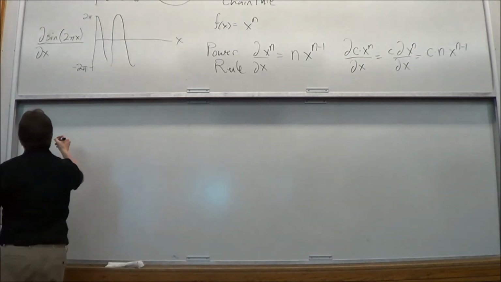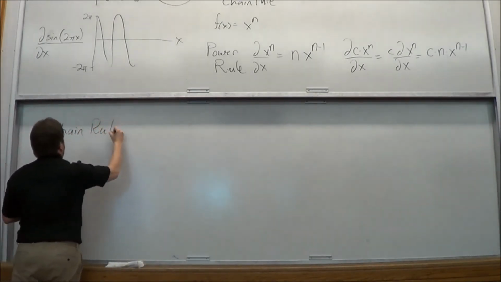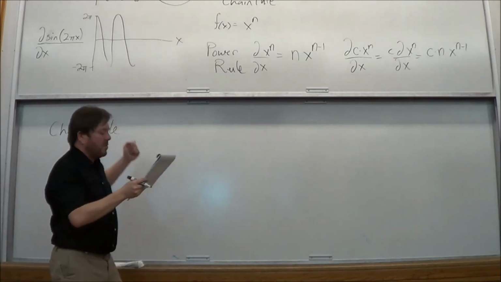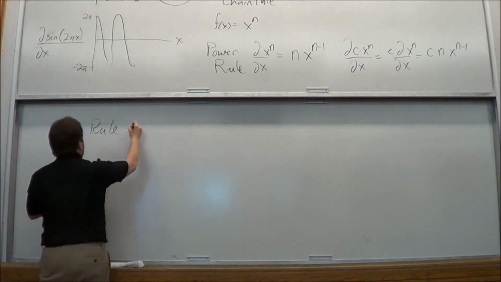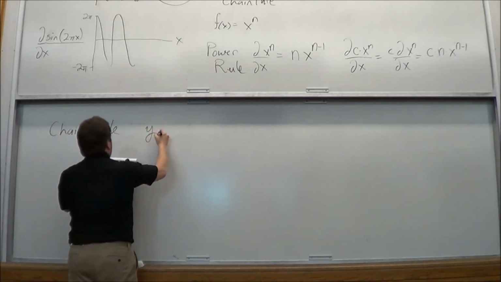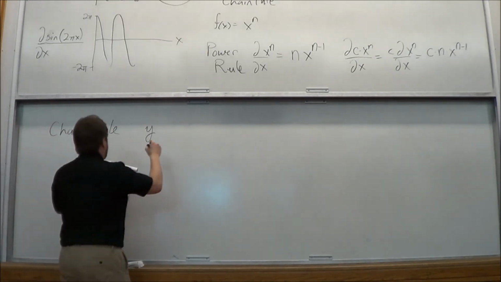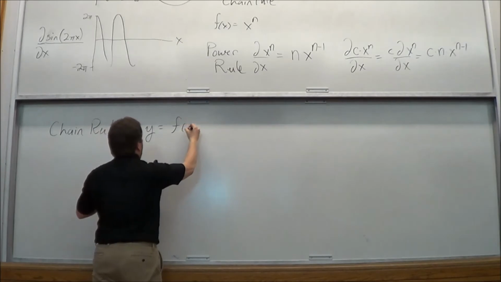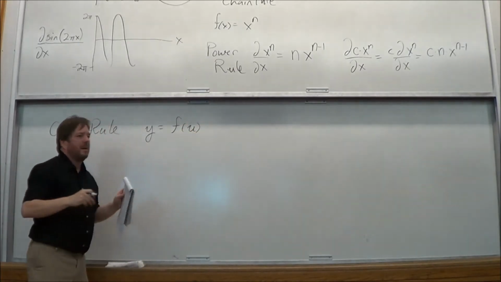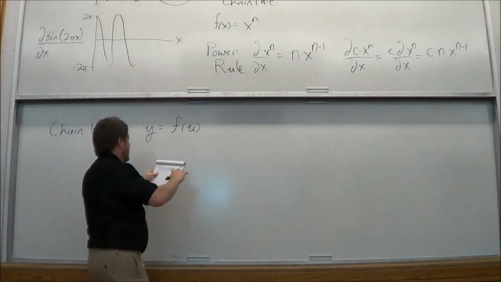Okay, so chain rule here. Let me start the chain rule over here. Chain rule to solve the derivative of sine 2 pi x. Okay, the way this works is if you have y, I'm not going to say y is f of x. I'm going to say y is f of u. If y was f of x, then I'd just be doing regular calculus. This is chain rule.